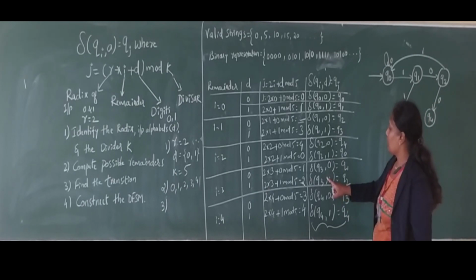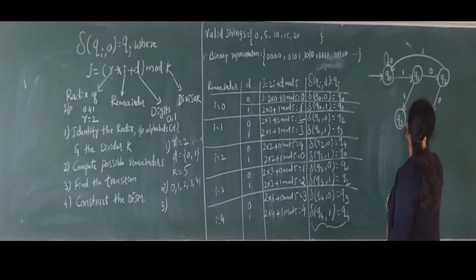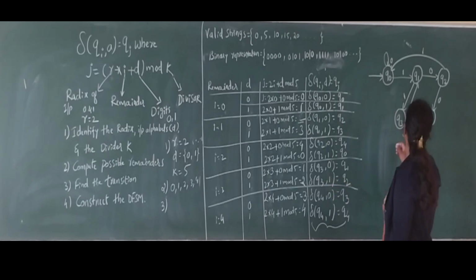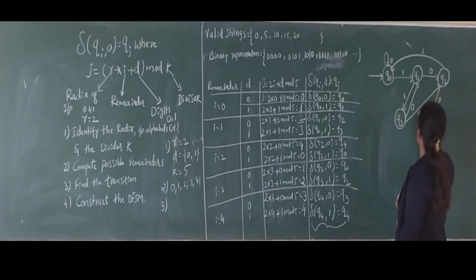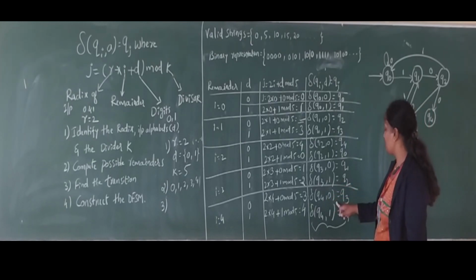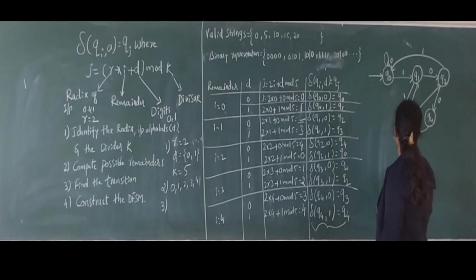Next, Q3 of 0 is Q1, Q3 of 1 is Q2. Next, Q4 of 0 is Q3, Q4 of 1 is a self loop.